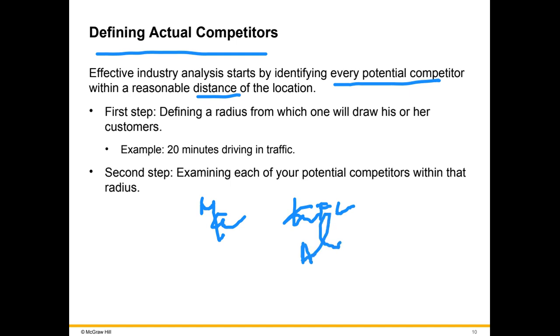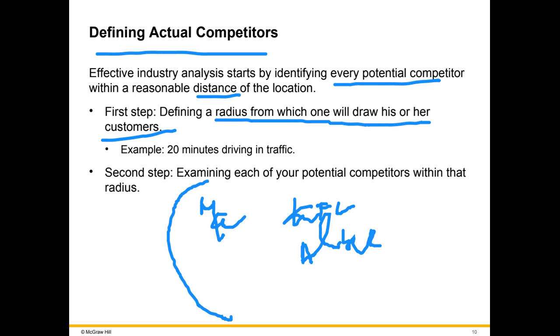So the first step you have to do is to define a radius from which one can draw his or her customers. You should define your area, like if you live in Albandiria or Al Khaldiya.